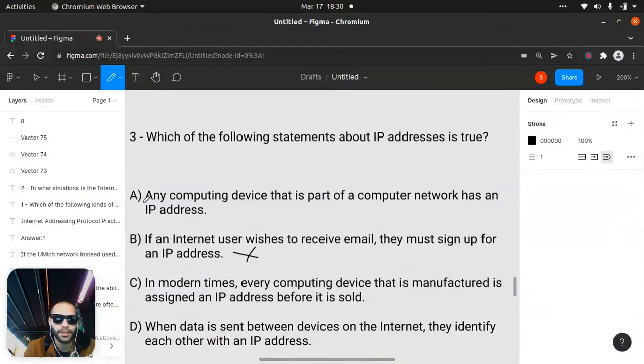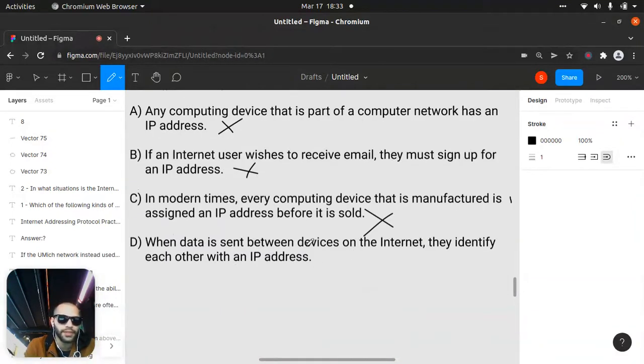Okay, I will check and I will show you. Yes, friends, I was checking a few confusing questions. Any computing device that is part of the computer network, yeah, but it's a tricky statement for IP address. I just checked the answer. The modern times statement about manufacturers is not true. The answer is D.